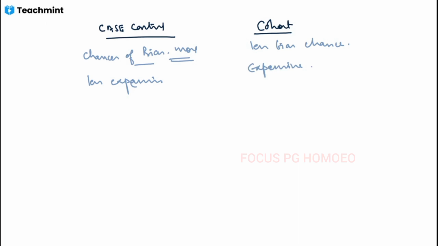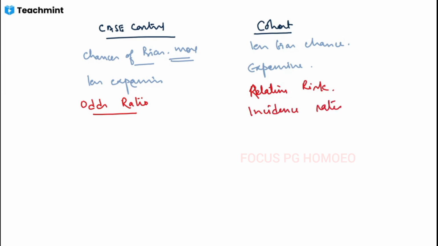Then the most important point: case control yields odds ratio, whereas cohort study yields relative risk, incidence rate, or we can say attributable risk also.